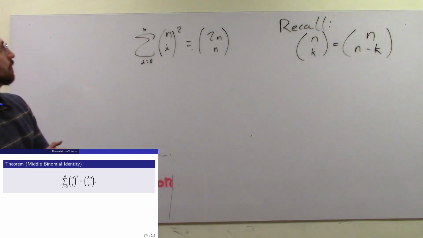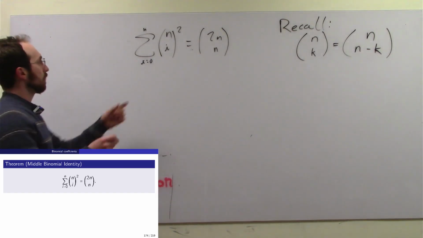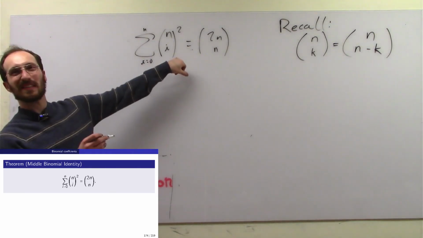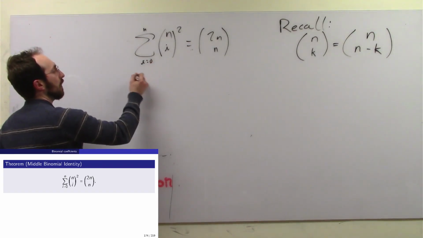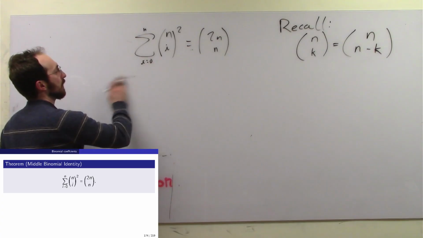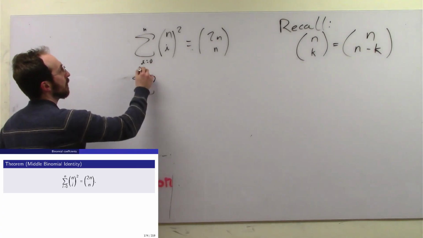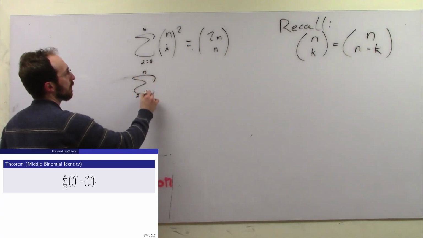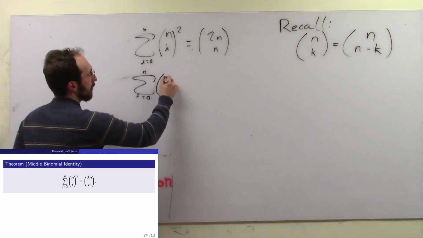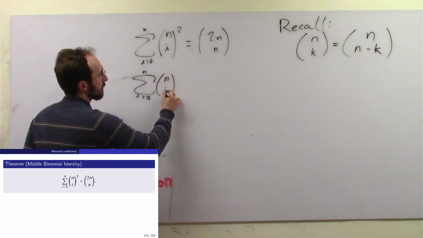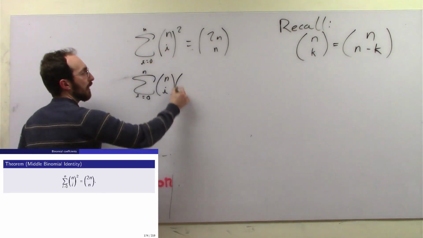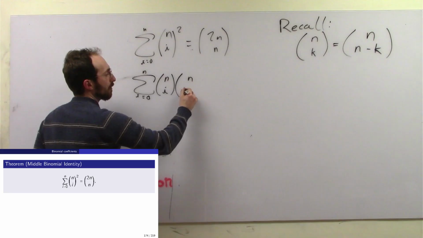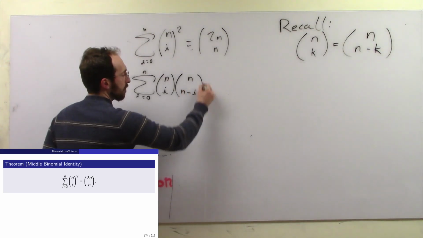Okay, so why is that going to help us here? Well, I'm going to tweak this side right here. I'm going to rewrite this. I'll just write it on the line below. This is the same as n choose i times the complement of n choose i, which is going to be n choose n minus i.